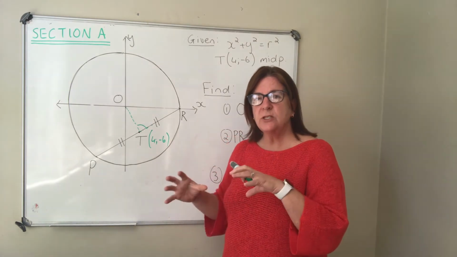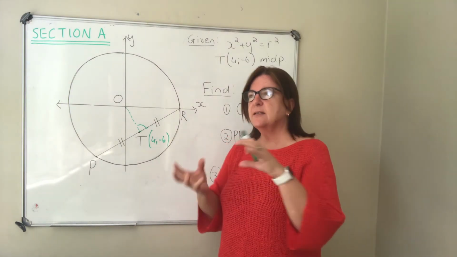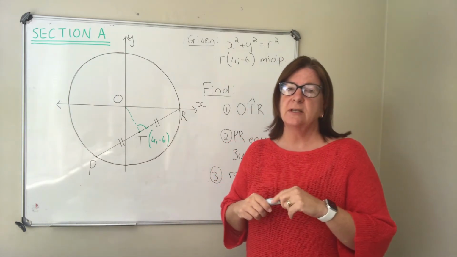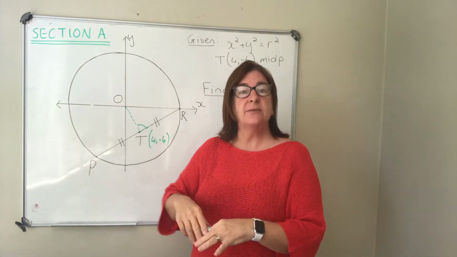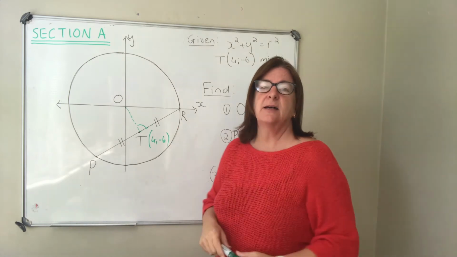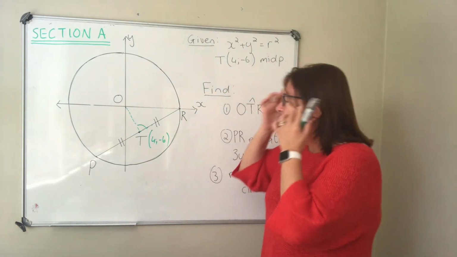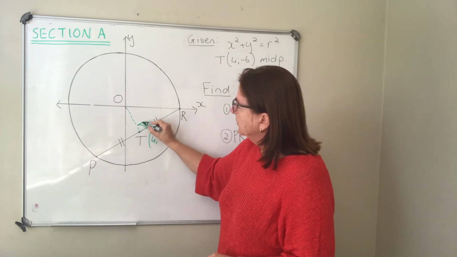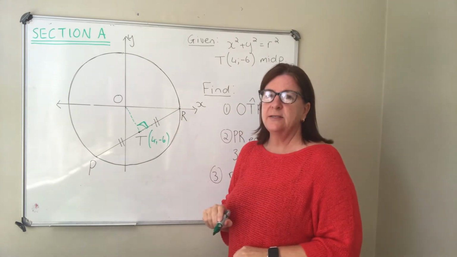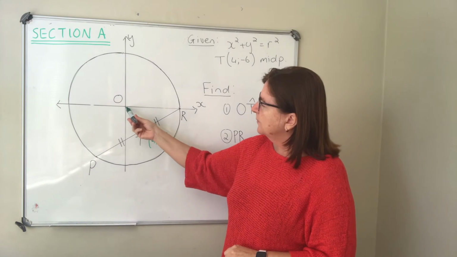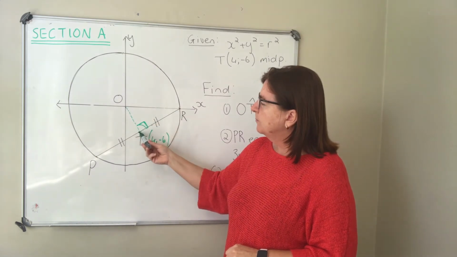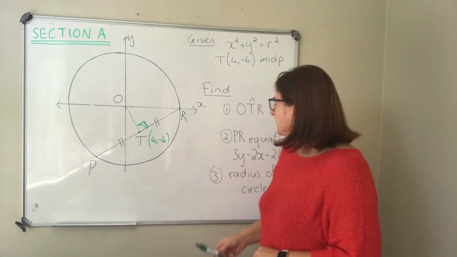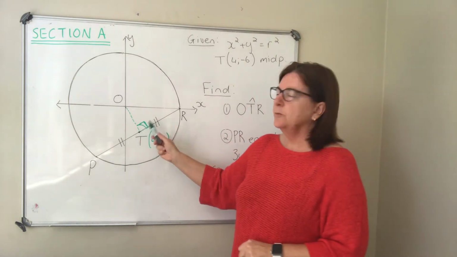And I like this question because it integrates circle geometry with analytical geometry. We need to start looking out for the interlinking of the sections, even sometimes using trig in these types of examples as well. So we need to find the size of OTR, and I think you're all happy with the fact that that would be 90 degrees because a line from the center of a circle bisects the chord at 90 degrees. So that's the reason why OTR would be 90 degrees.